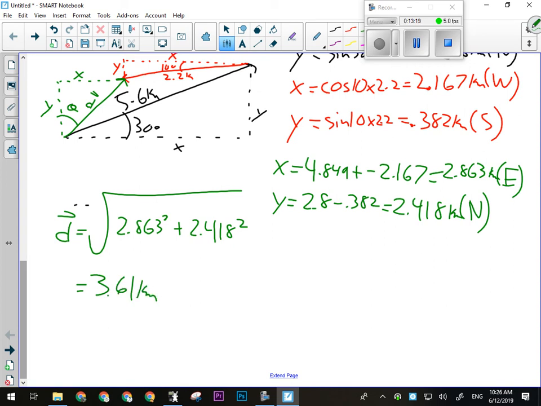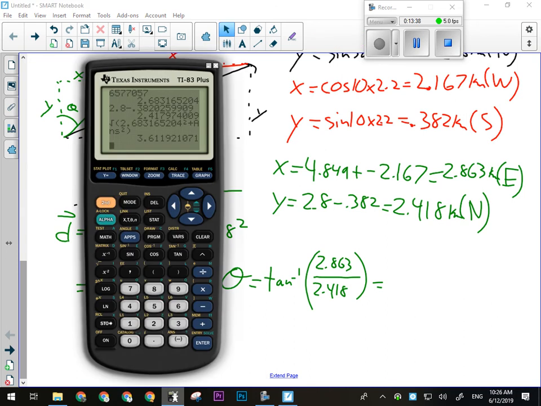That's its magnitude. Now I need to find its direction. I'm going to use the opposite and adjacent sides for that. So that's going to be tan to the minus 1 of the opposite side, which is x, 2.683, divided by y, 2.418, and that'll get me my angle. It's 0.683, not 863.